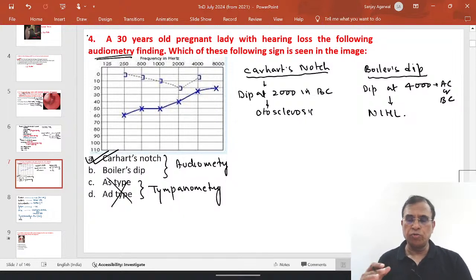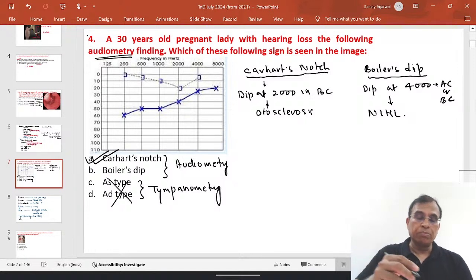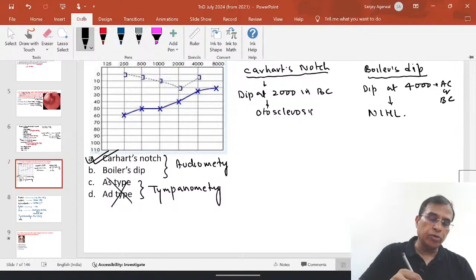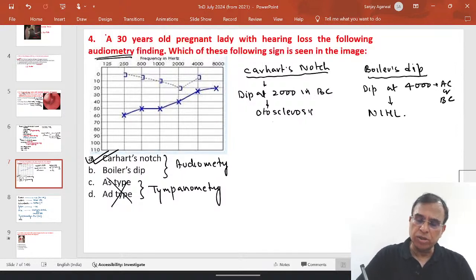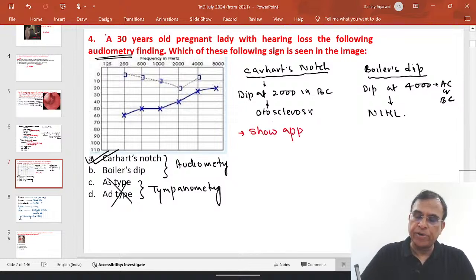So these two that I have given you, the points are regular points. Most people know, but about Carhart's notch, I want you to know a few very important points. Carhart's notch shows apparent SNHL.